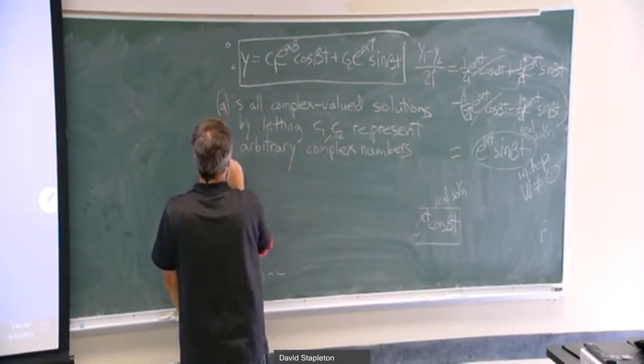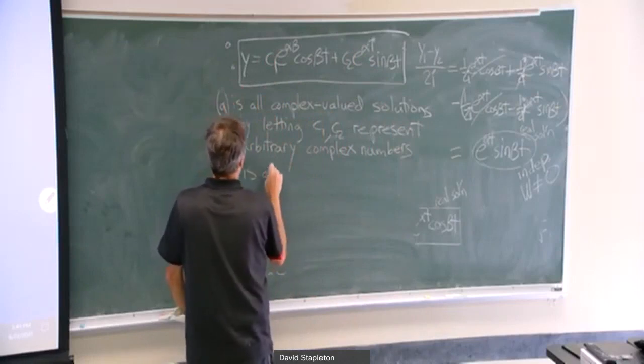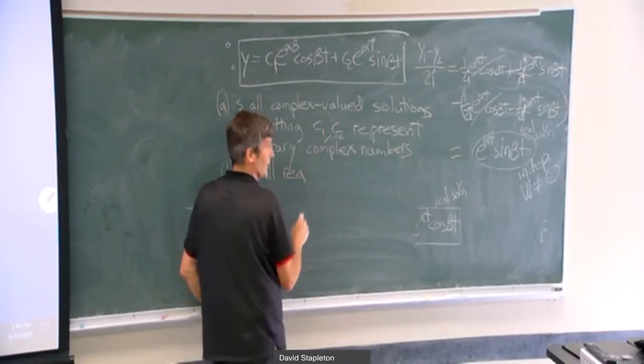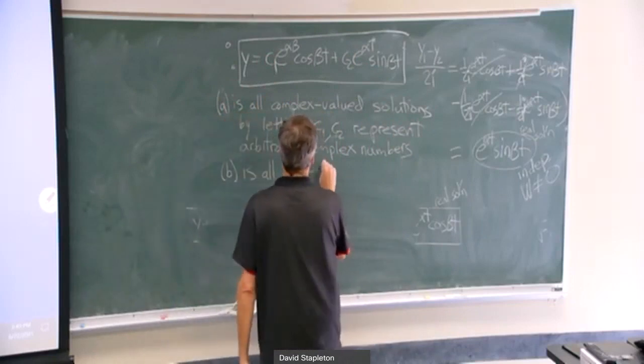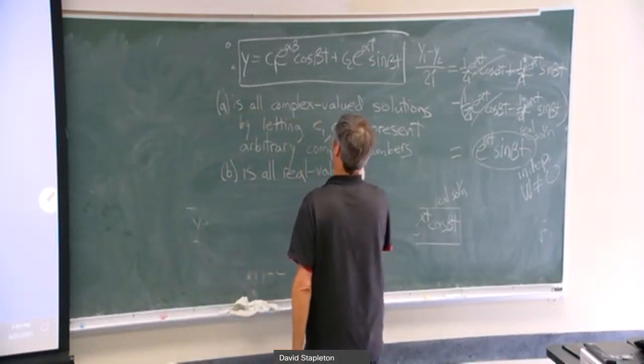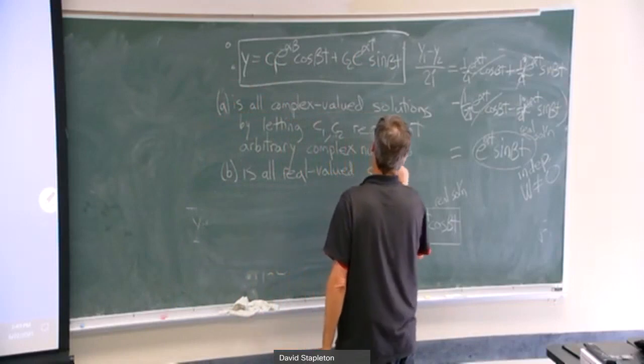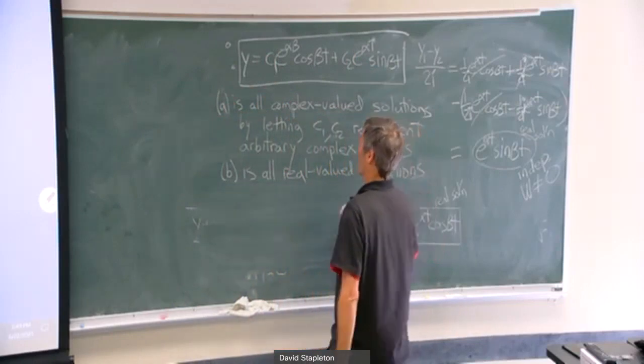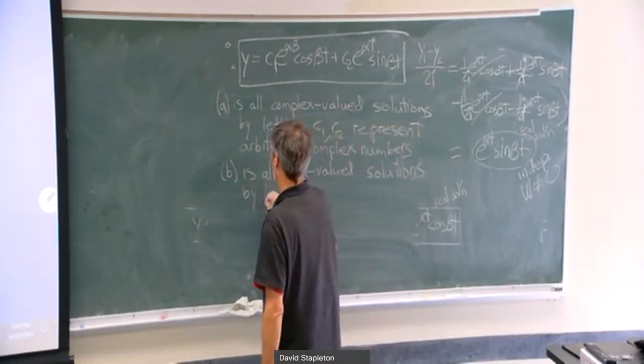Let's call it A. So this is actually all real valued functions, what the engineer finally wants. All real valued solutions by letting C1 and C2 represent arbitrary real numbers.